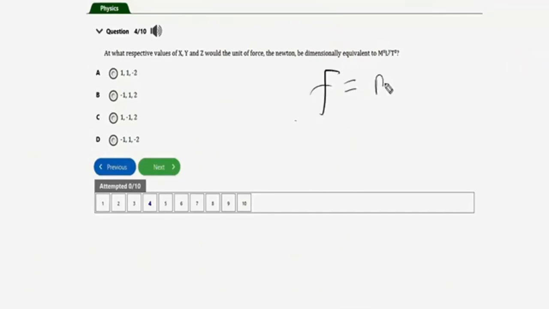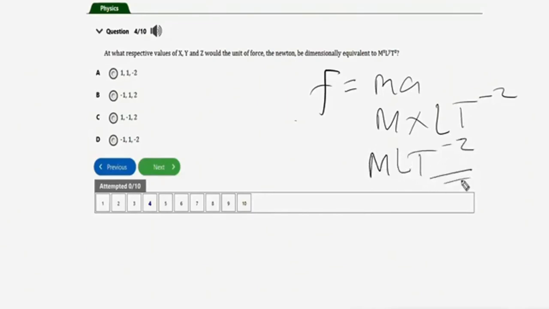The formula is mass times acceleration, so dimensionally mass times, now the dimension of acceleration is velocity over time, which is length per time square. So when you bring everything together, you're going to have M L T to the power negative 2. This is the dimension of force.